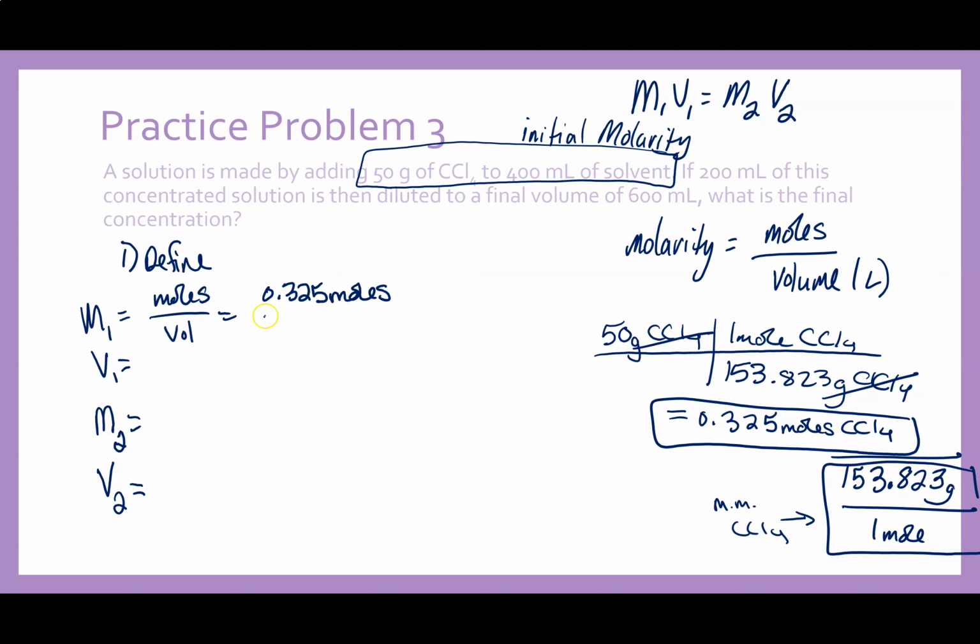Hopefully you feel pretty good about calculating these concentrations after that last homework set. We're going to divide by the volume. In this case, our volume is 400 milliliters. 400 milliliters is going to actually be 0.400 liters. Divide by 1,000 to get it.